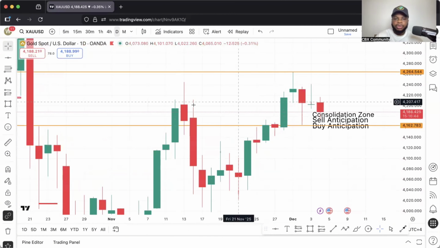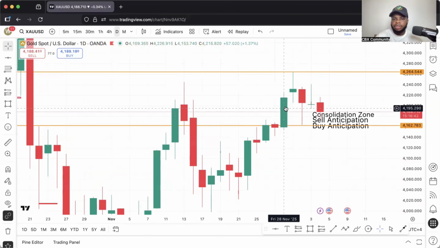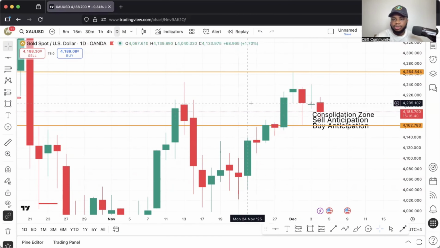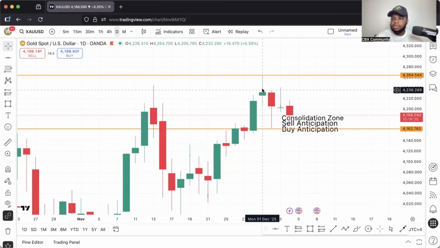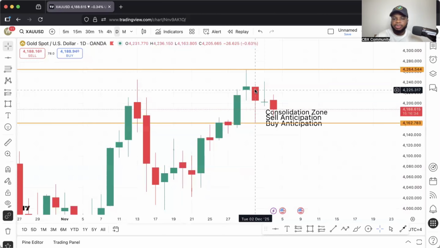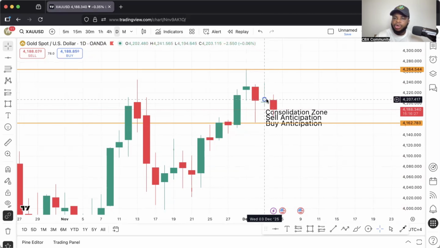So this candle broke this resistance zone and it closed with a strong bullish candle. The next candle closed with a rejection bullish candle. This other candle broke the low of this rejection bullish candle and closed with a rejection bearish candle. The next candle closed with a doji candle, but it's a rejecting of this zone.